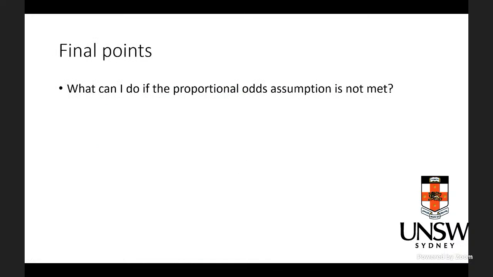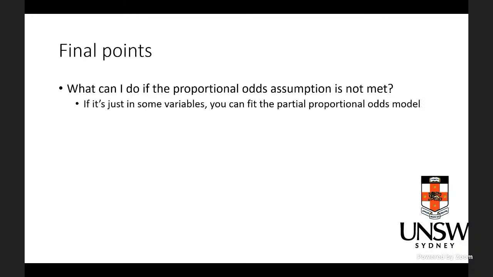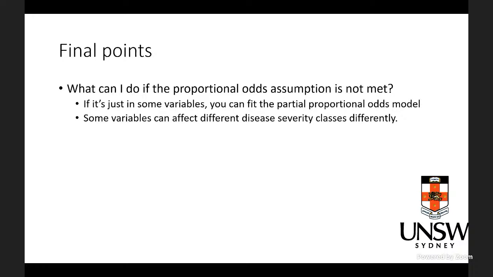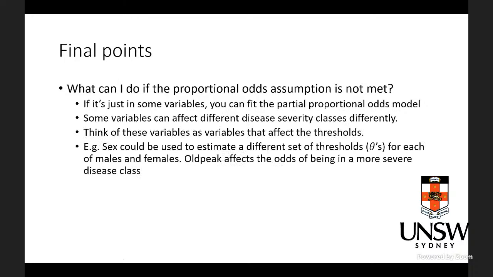So the final points are, what can I do if the proportional odds assumption is not met? If it's just in some variables, you can fit this thing called the partial proportional odds model. So some variables can affect different disease severity classes differently, and you have others which have a single effect.